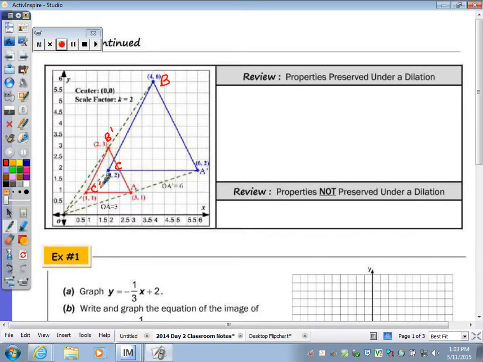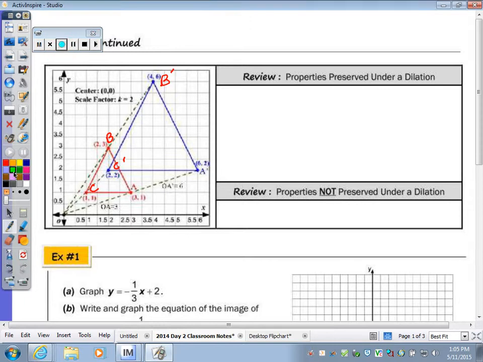I want you to take a minute, and what do you notice about the center of dilation, which is the origin? Think about this to yourself. And then what do you notice about the center of dilation, B prime and B, for example. So when you dilate a figure, changing all the points to the correct notation with the image and the original figure.